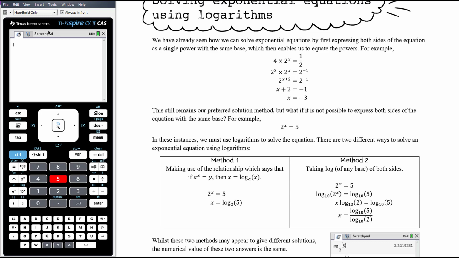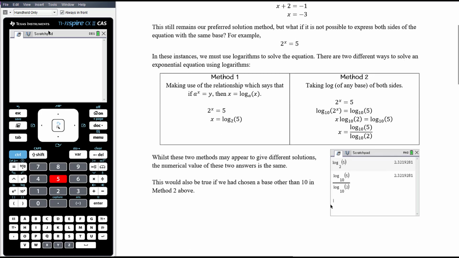Now, there are two different ways to solve an exponential equation using logarithms, and in most instances you'll use method 1. Method 2 is a bit of a hangover from a time when calculators could only deal with logs with a base of 10 or base e, which is something we'll talk about later on, but base 10 let's stick with for now.